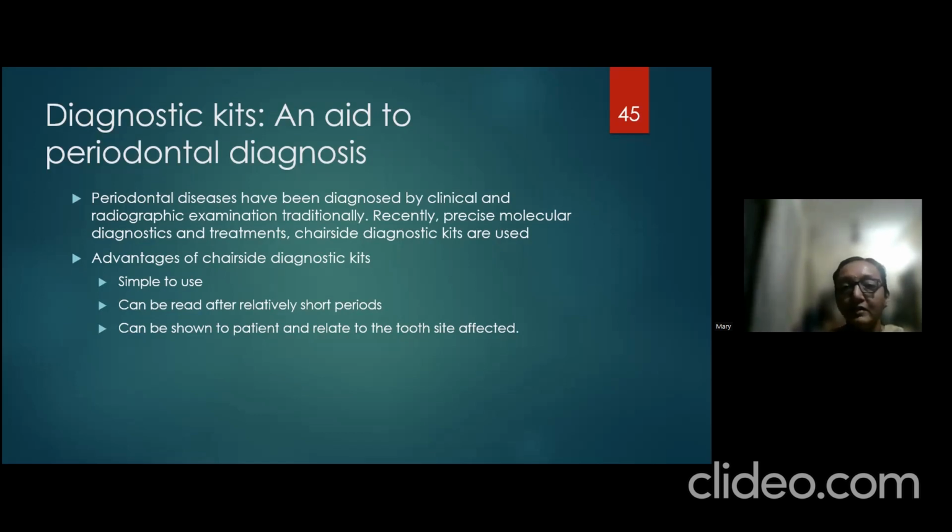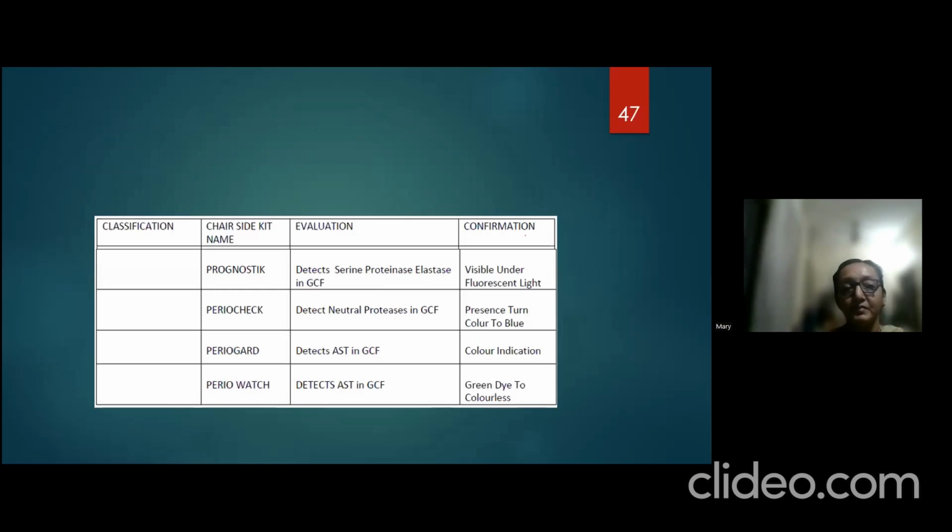So let's see what these diagnostic kits are. The main chairside kits available are the Prognostic. This is mainly used for detection of serine proteinase elastase in the gingival crevicular fluid, and the confirmative test becomes visible under fluorescent light. Periocheck is another chairside kit.